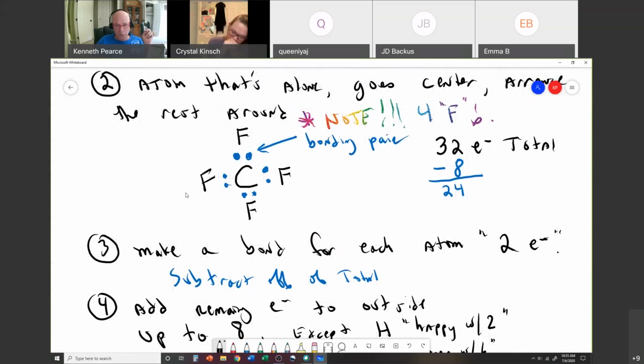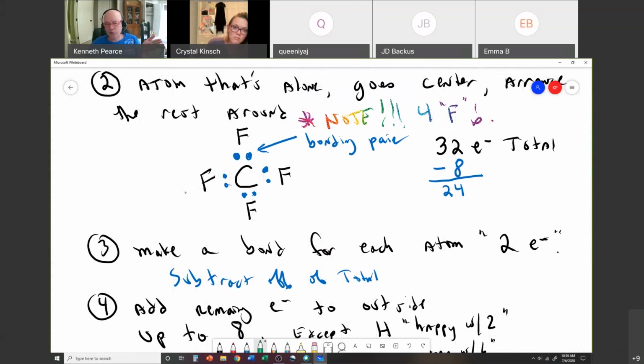We'll change colors here. We'll change to green. All right. Now, when I say up to 8, I include those blue electrons I put up there. I'm including those as the shared electrons, but they're sharing on everyone.